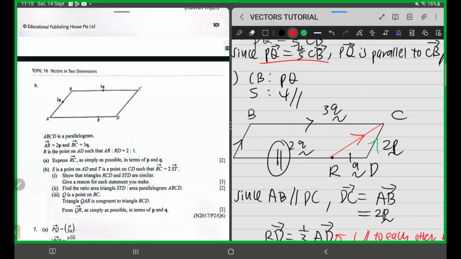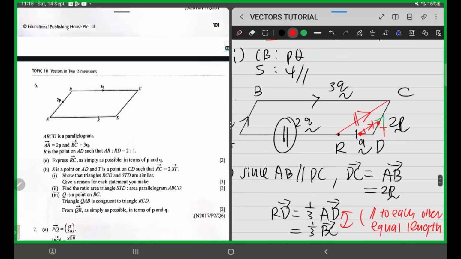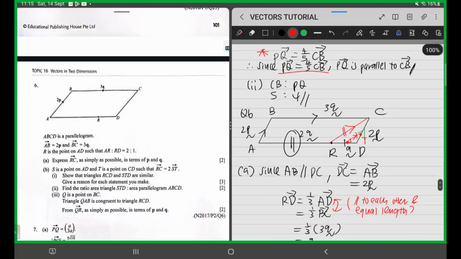This is your S, this is your T. ST, right? Then this is twice, this is 1, because RC is twice of ST. So they are parallel, just at different length.